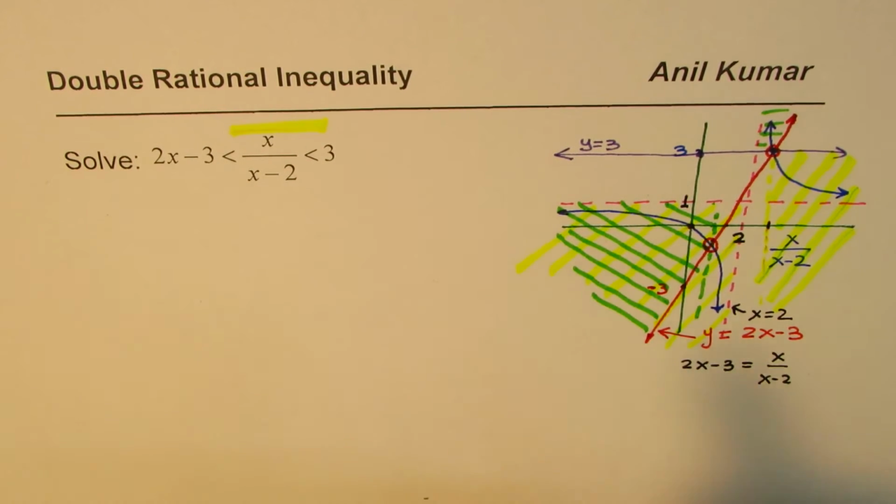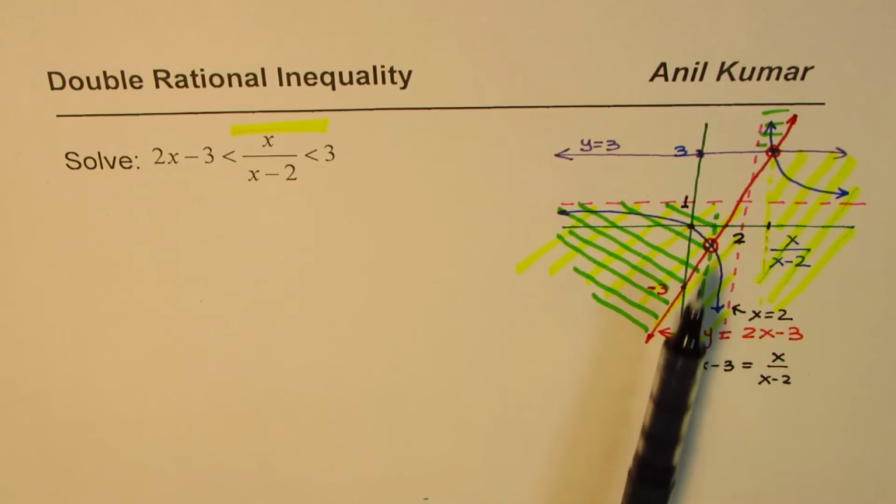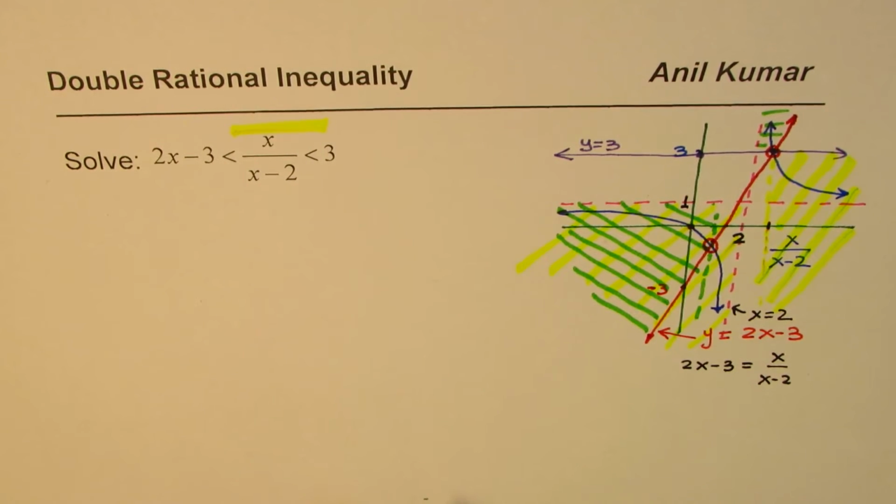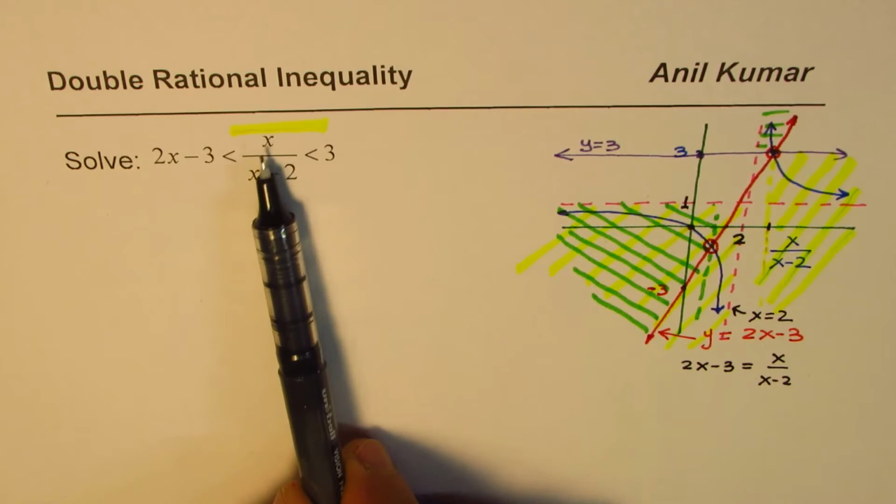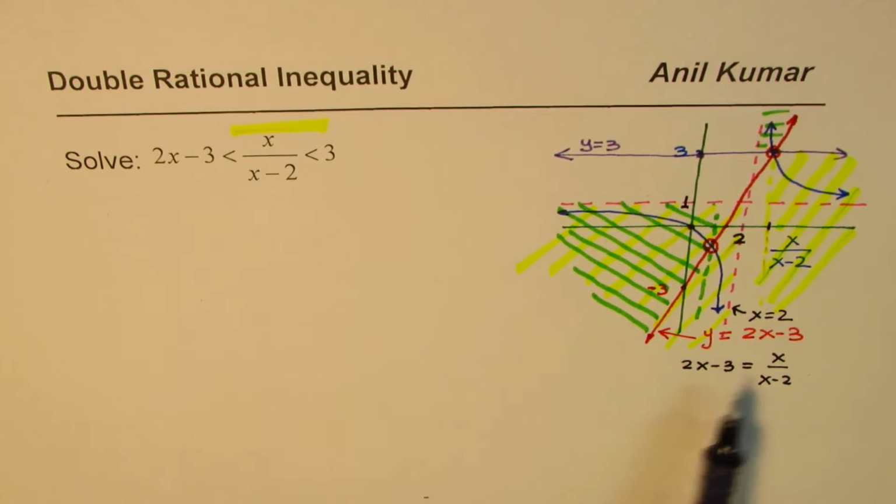Now, how to solve the inequality? That is the question. Since we are going to do this part in detail, I'm not getting into it at present. But I've given you the concept and you have a solution also. So where are they equal? It's not very difficult to find. If I substitute x equals 1, we know that is the solution, kind of.